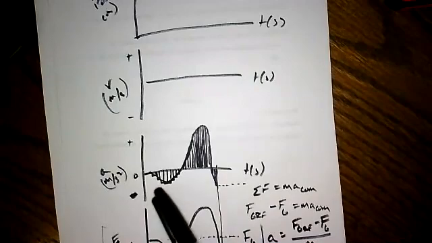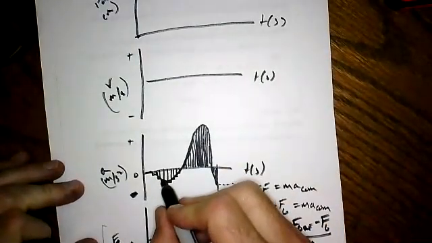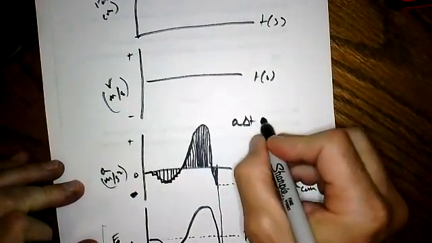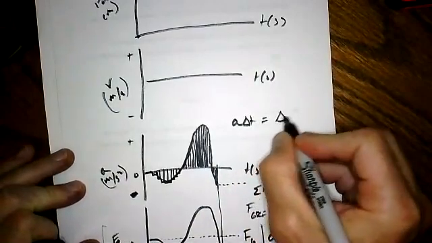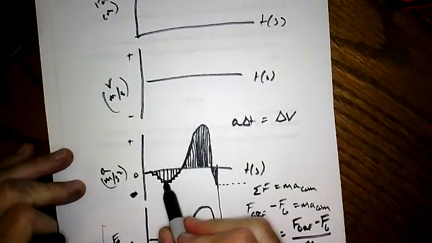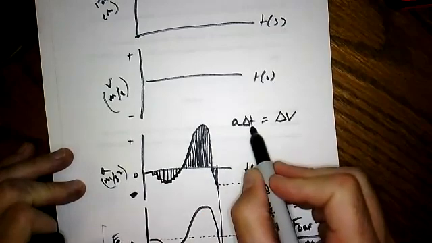But now what I'm going to do is integrate, calculate the area in that rectangle. That's A times delta t. That's the area in this rectangle. What that is going to represent is the delta velocity, the change in velocity for that period of time. Why do I know that?